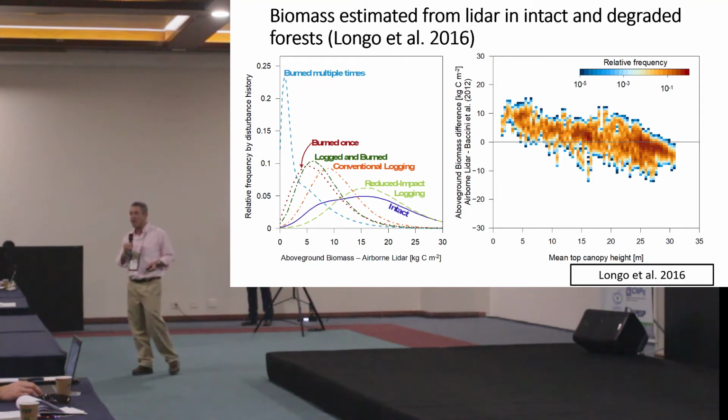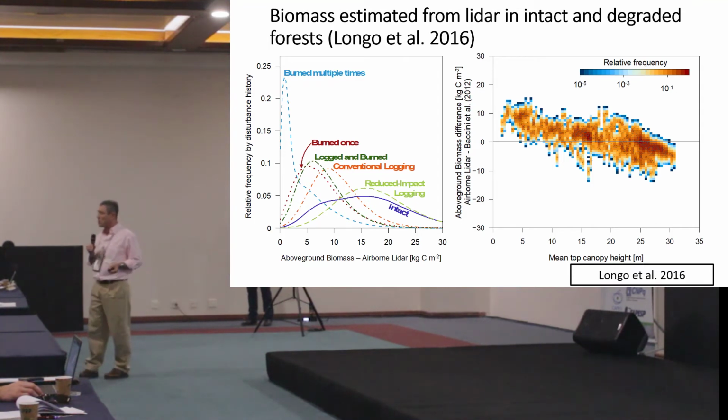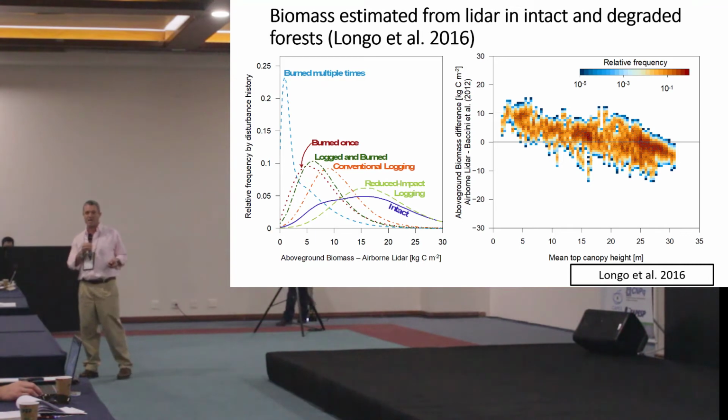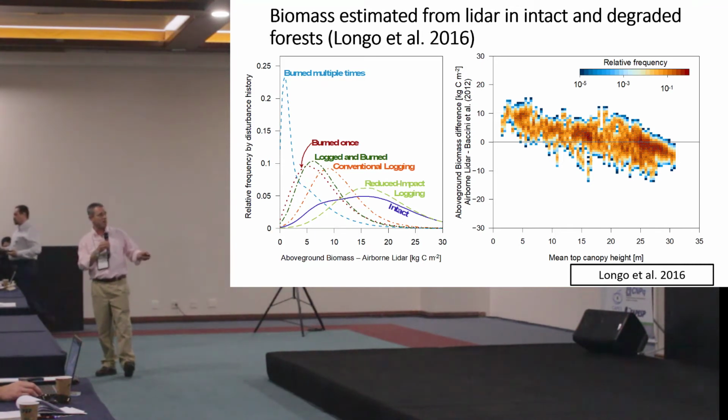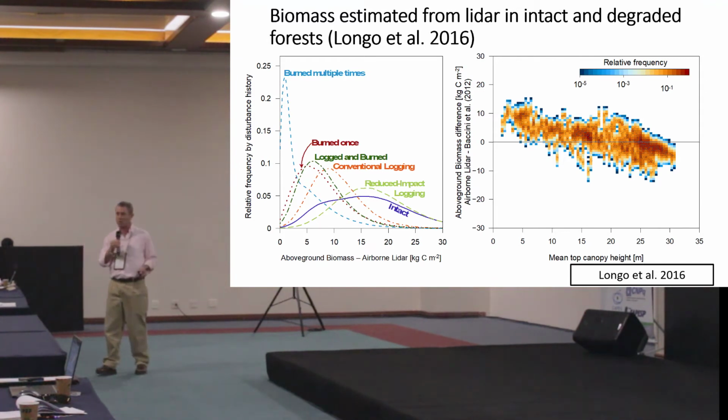We compared the biomass to global maps. I just saw one example that was based on an interpretation of GLAS and MODIS, primarily from Alessandro Baccini. We took our data and we subtracted Baccini's data, and what we found was at the low end, they would overestimate biomass. At the high end, they would underestimate biomass through their global map. And that's a fairly typical result when we compare that to other global estimates.